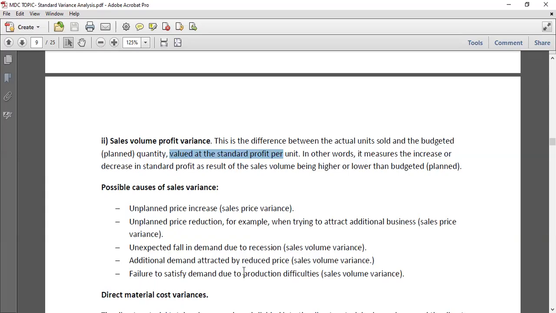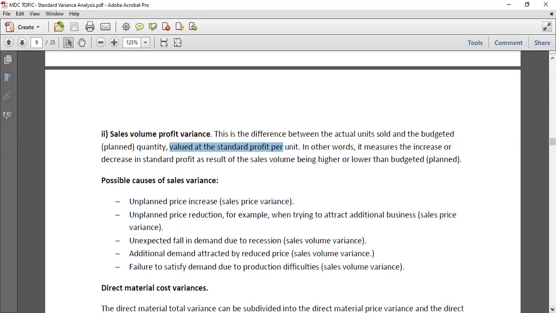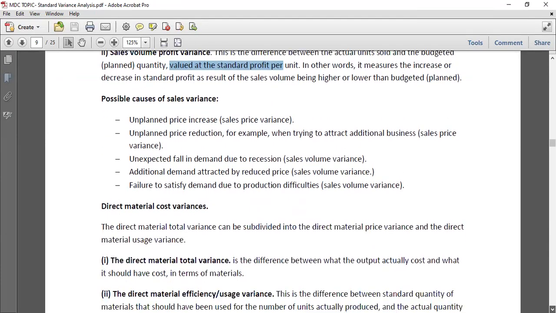Then the other is failure to satisfy demand due to production difficulties, which will definitely affect your volume variance. That is something we need to take into consideration.